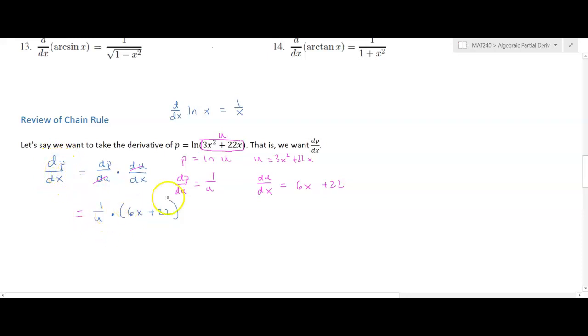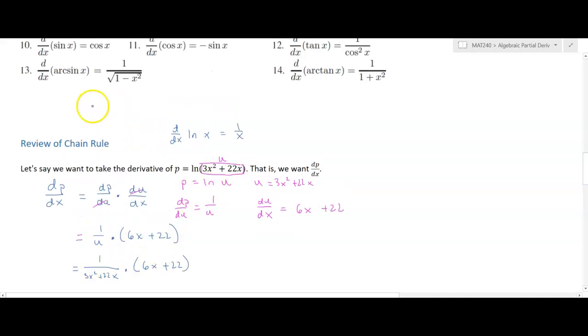Now I have two variables in here, so the last step is to replace u with what it is equal to in terms of x, which is 1 over 3x squared plus 22x multiplied by 6x plus 22. And short of doing simplifications and that type of thing, this is really our final answer. Sure, we could perhaps factor out a constant, but I don't think that's going to get us very far. So this is in fact the derivative.